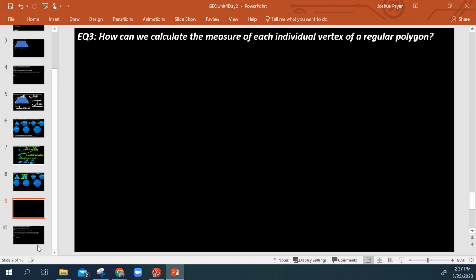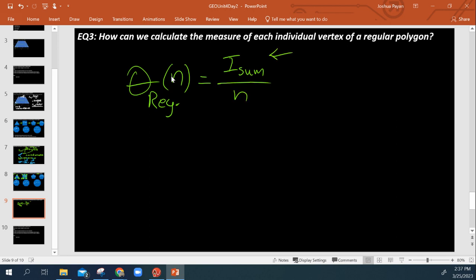Okay, so that formula, basically, if I want to know what is the individual angle of some regular polygon, we're just going to refer to that as theta regular. So theta regular of some regular polygon with n sides is going to be equal to the interior sum divided by the number of sides.